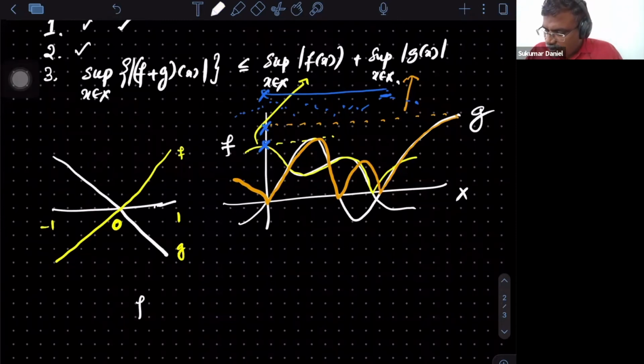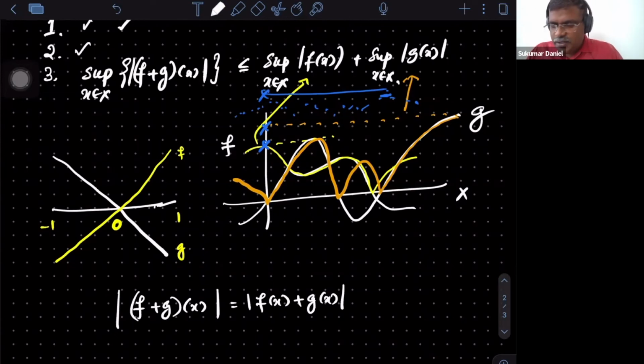I consider modulus of f plus g of x. I know that by definition it is mod f of x plus g of x. And here I use the triangle inequality for the real numbers now.